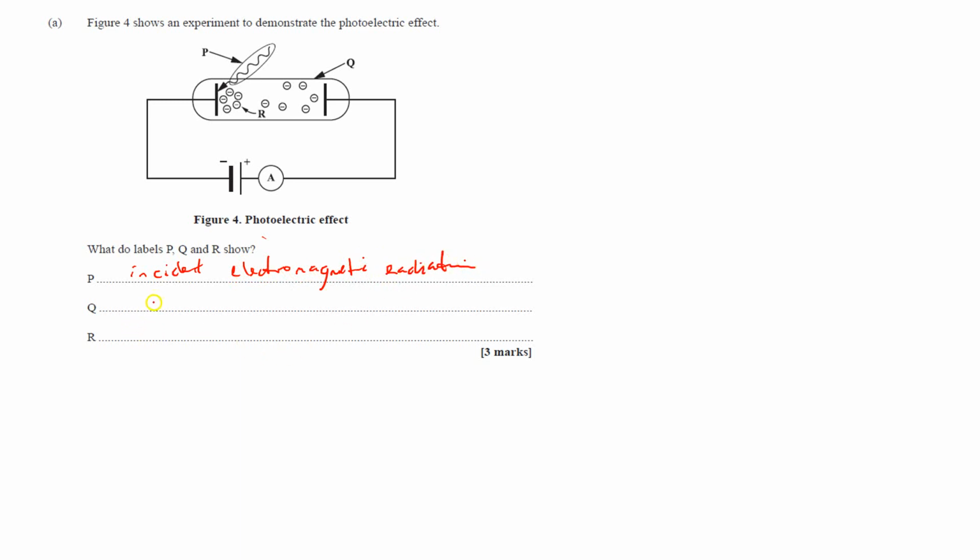Q, of course, we say that is the vacuum tube, and those are basically your photoelectrons. The reason why we call them photoelectrons is because they were liberated by light.